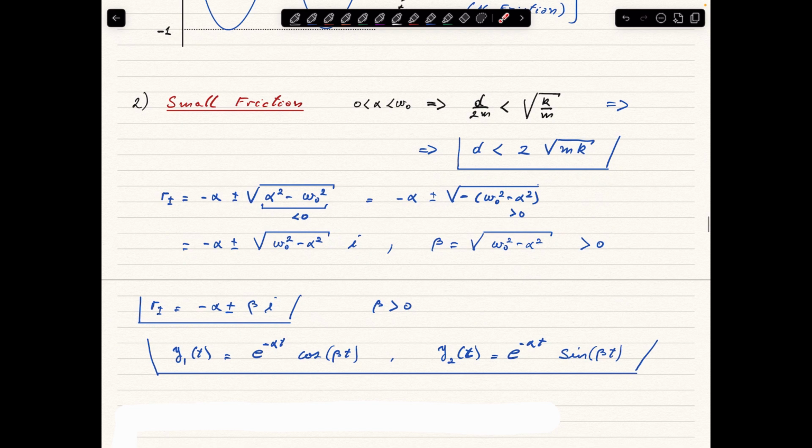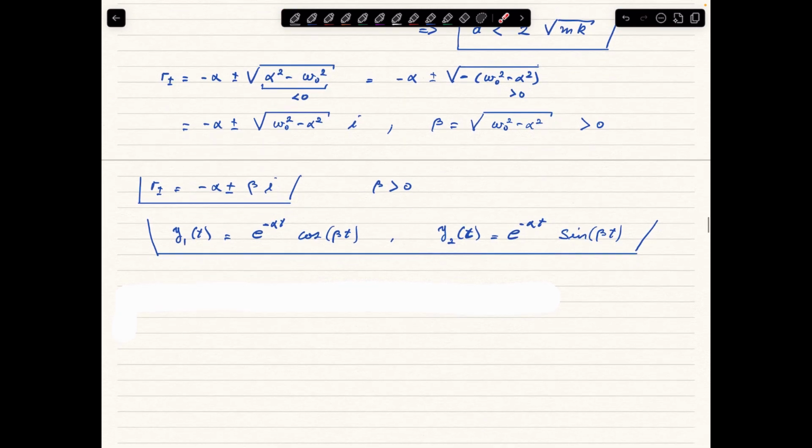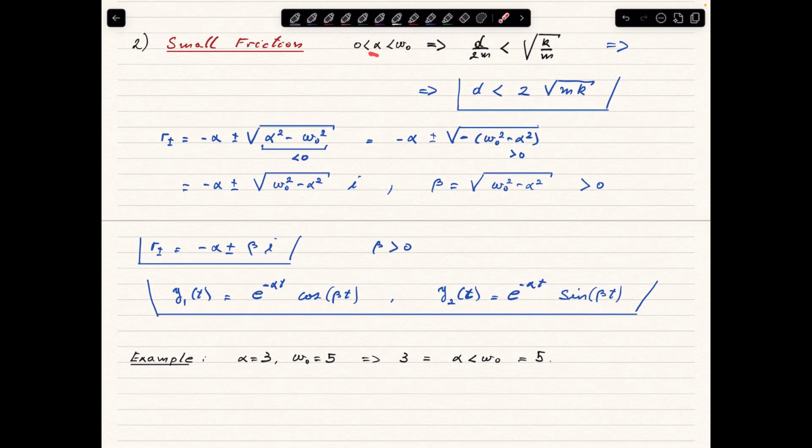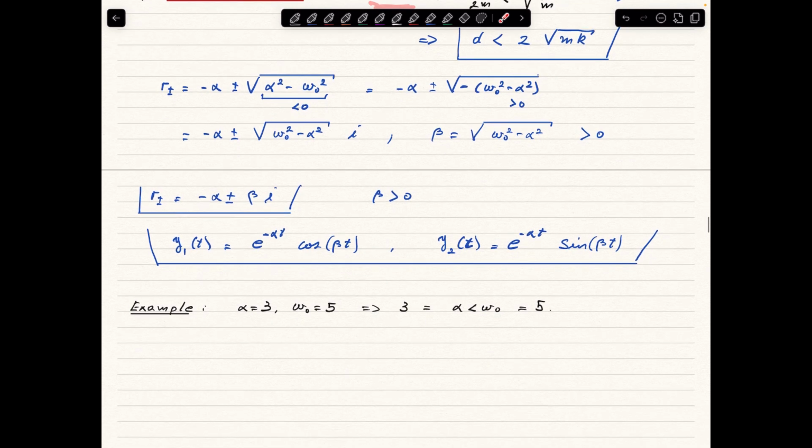I know this calculation could be a little bit strange here, hard to understand. So before we continue, let's reproduce that calculation with some specific numbers, so we all agree on what we are doing. Suppose that alpha is 3 and omega 0 is 5, for example. So we want alpha and omega satisfying this condition, and this choice does because alpha equal 3 is smaller than omega equal 5.